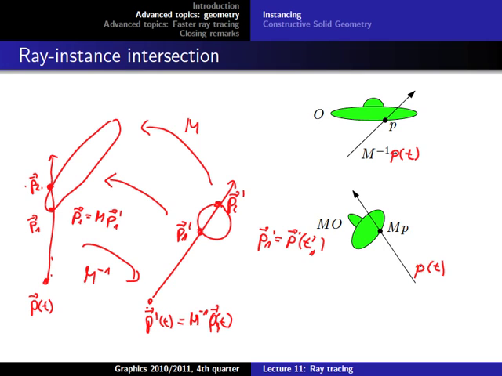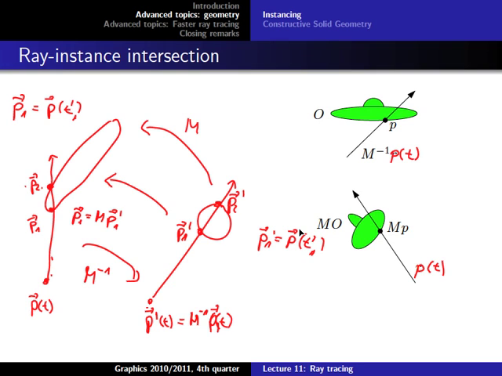We get a parameter t, and putting that parameter into the ray equation gives us the intersection point. And if we put that parameter t1 dash into this here, then of course we get P1 is P of t1 dash.